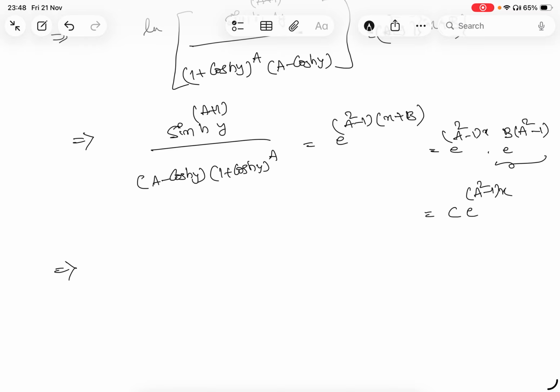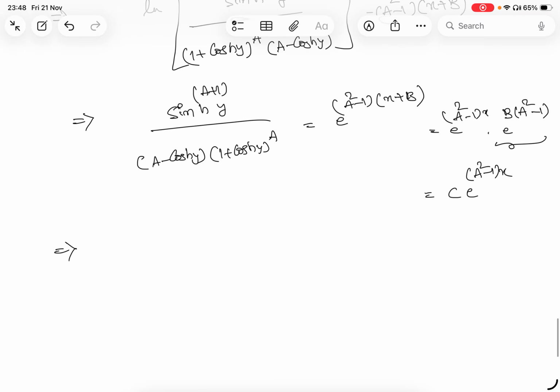Now you can see that sin hy can be written as 2 sin h(y by 2) into cos h(y by 2). As there is sin hy whole power (a plus 1), everything will get the power of a plus 1.